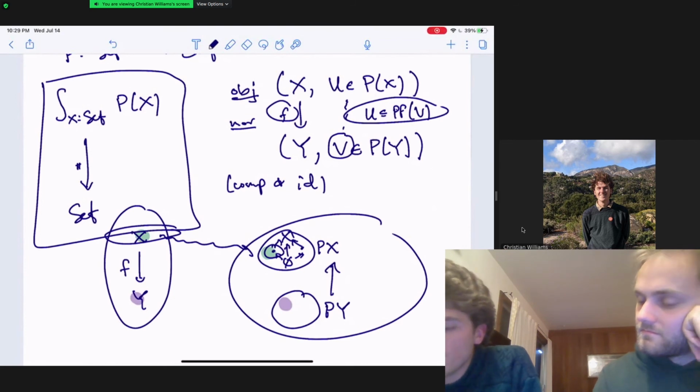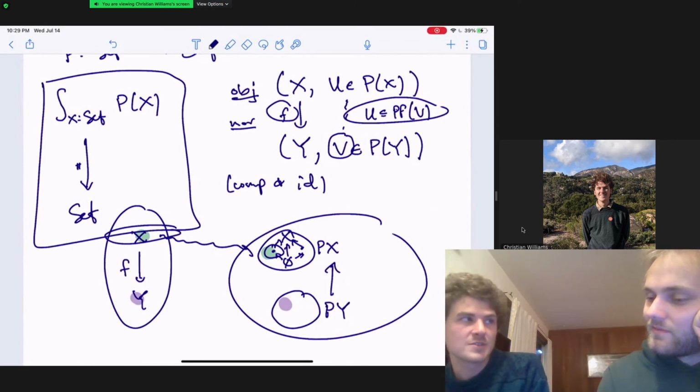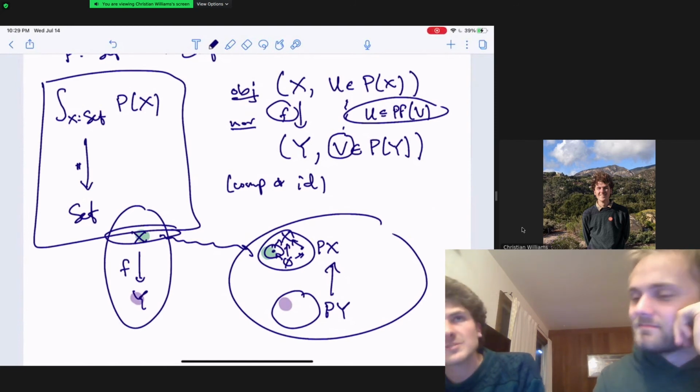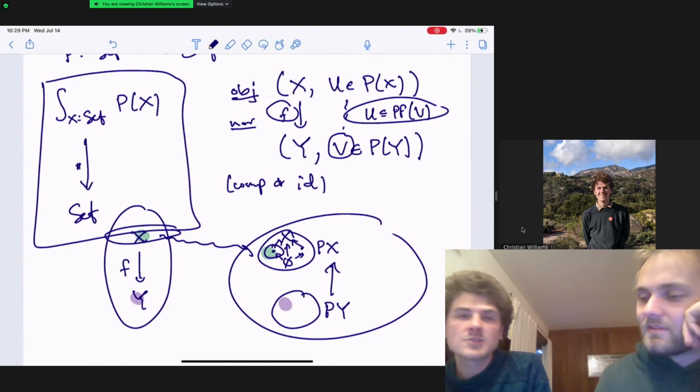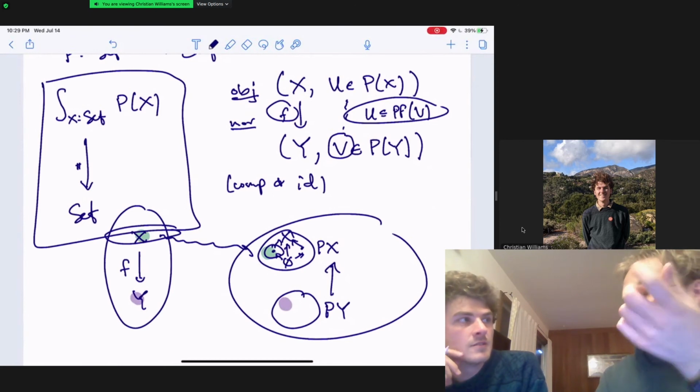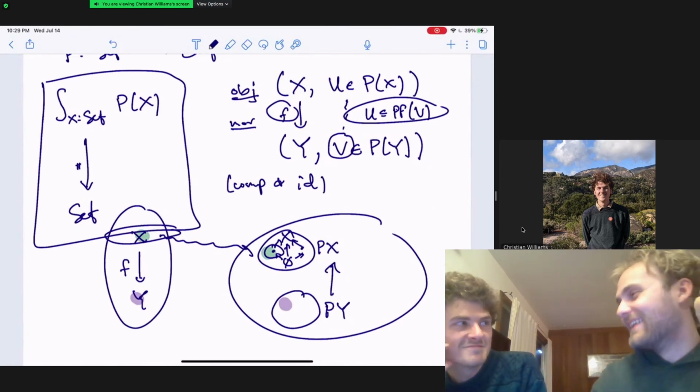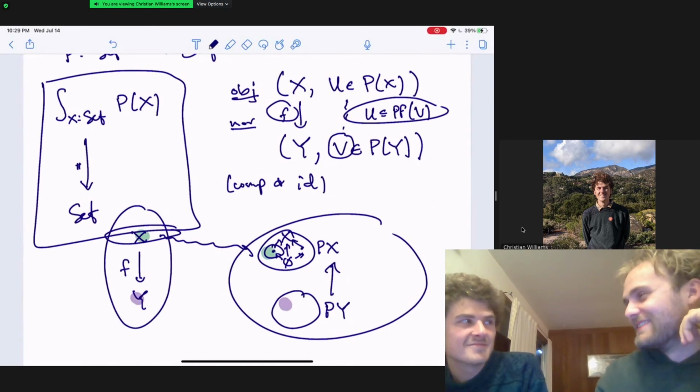There's one way of saying it that's obviously equivalent: over each morphism you have an adjunction between the fibers. You could say, take the functor corresponding to this to Cat.